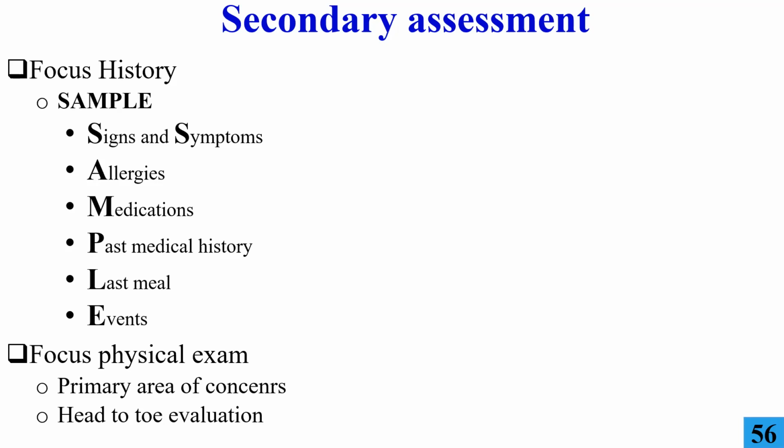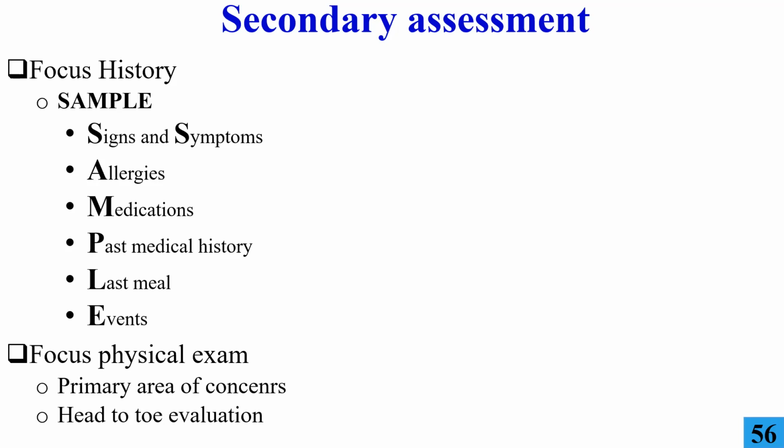Once we finish this step, we go to another assessment, including evaluate, identify, and intervene. We call it the primary assessment, and it includes A, B, C, D, E that we learned. Then another assessment, again evaluate, identify, intervene, is called the secondary assessment, and is composed of focused history and focused examination.